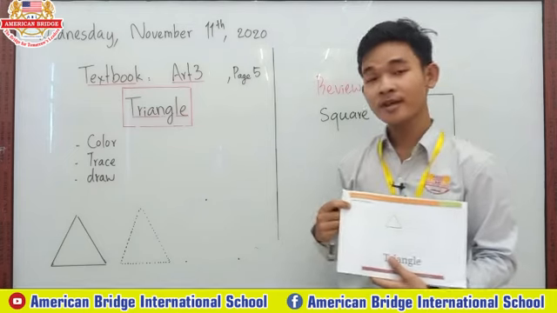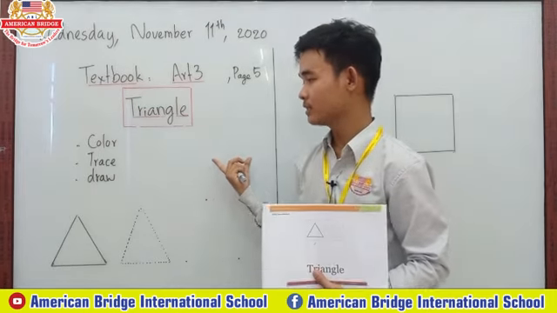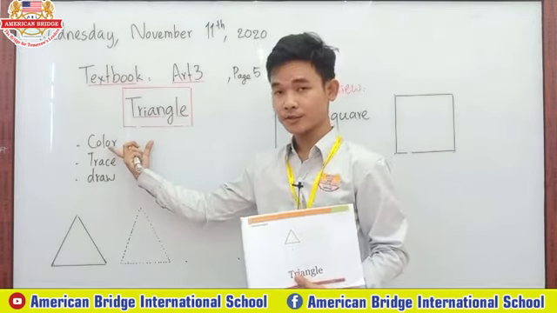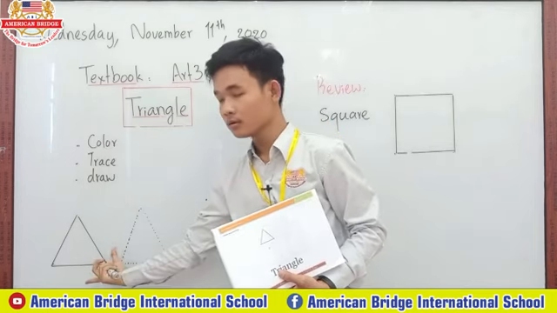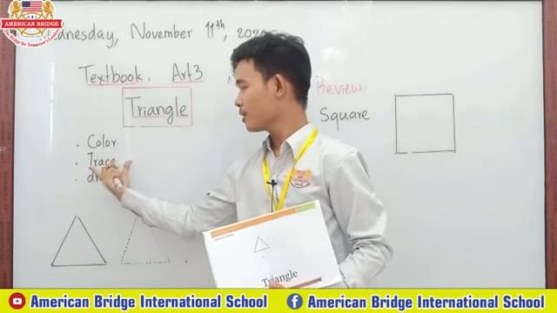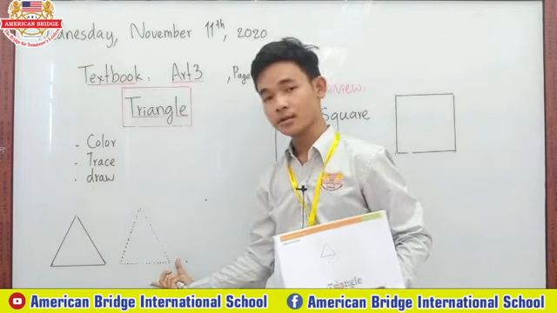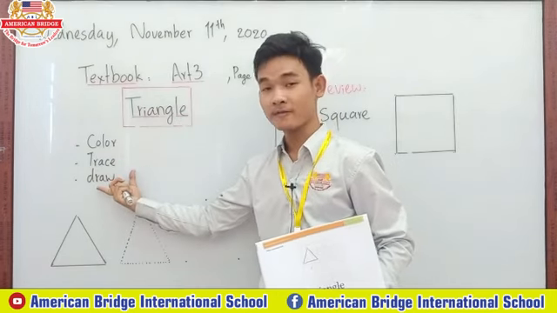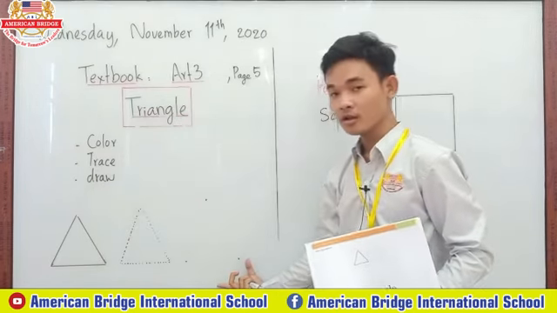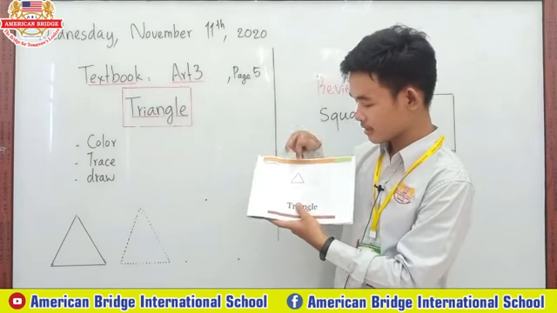Here on page 5, the activity that you have to do for today: first you have to color a triangle, and then you have to trace a triangle, and then you have to draw a triangle, a new one, just like over here.